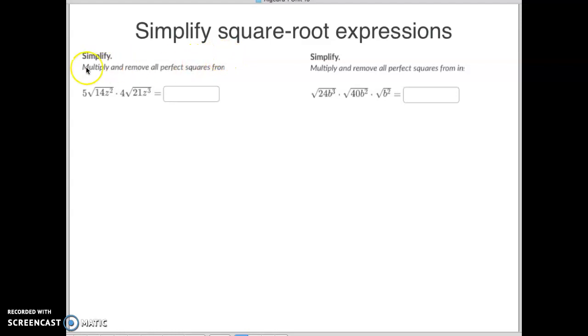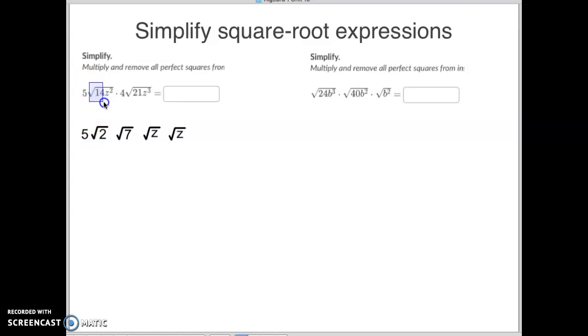So we've got multiple expressions. You're going to notice I have this expression here, and I have this expression here. I'm going to break them down individually. So I'm going to take this one and break it down. First of all, this 5 is already on the outside, so we really don't need to adjust that in any way. We will, however, need to adjust this. So I'm going to break this down, and I'm going to leave the 5 on the outside the way it already is.